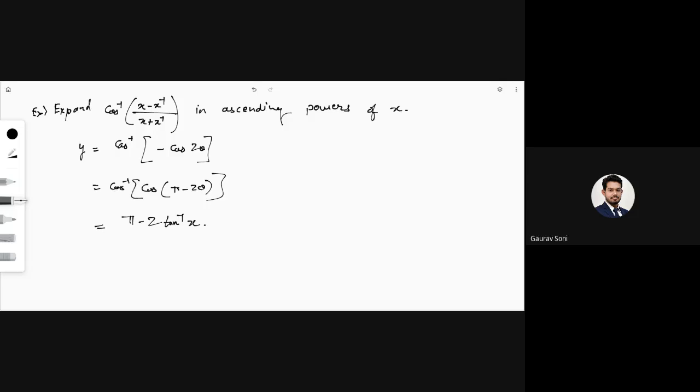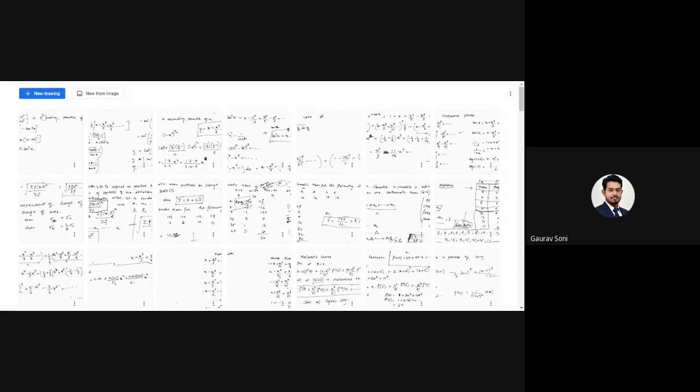Okay. So one example you can try. Prove that e raised to x cos of x is equal to 1 plus x minus x cube. Oh, sorry, let's not take this.